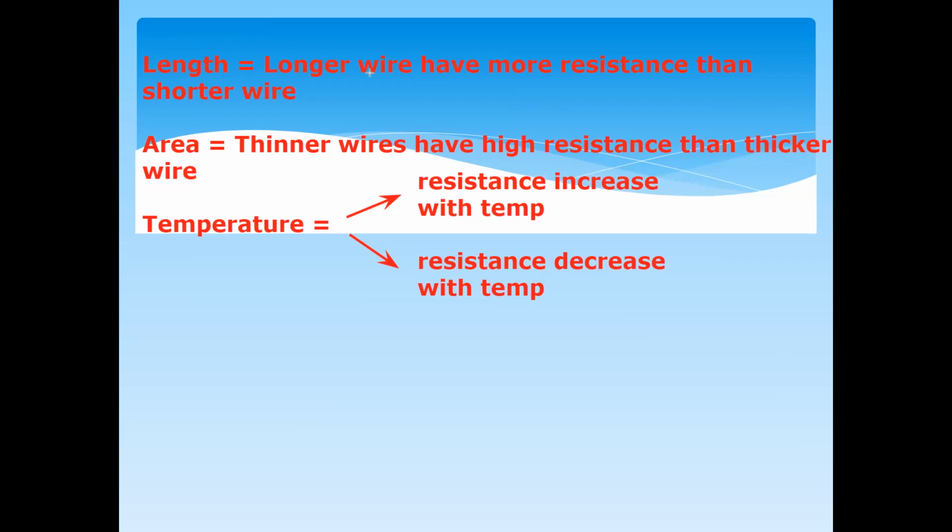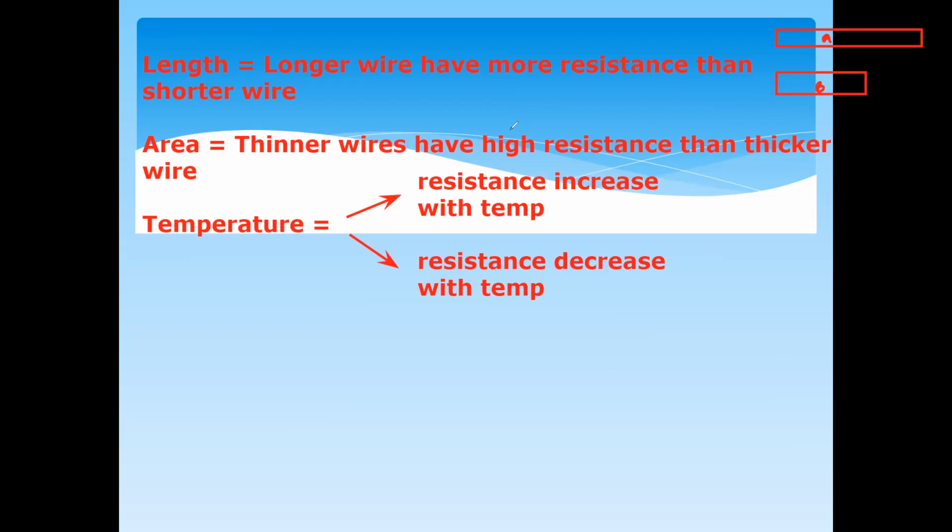For example, if I say I have two wires, A and B, of the same area but different lengths, which one do you think has a high resistance, A or B? Two wires, one longer, another shorter. Yeah, that's right.